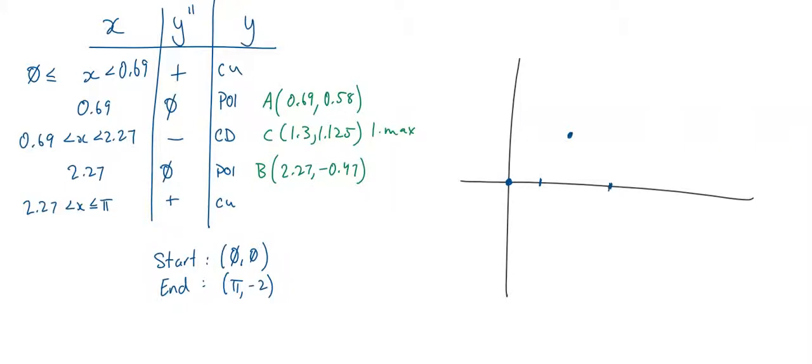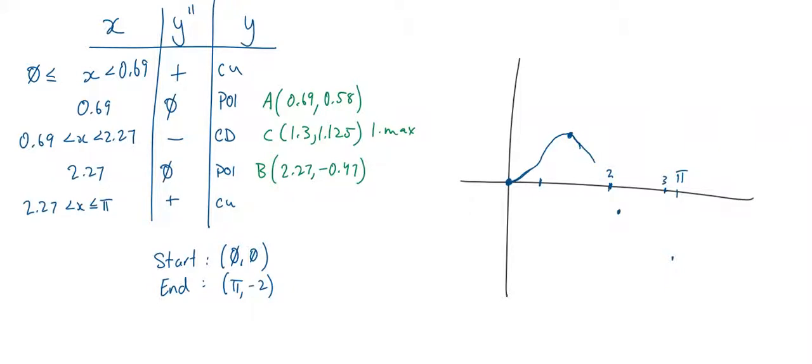At 2.1, I have another point of inflection, and then 3, that's 2, so 3 is going to be right around here, so pi is going to be right around here, and that's the end. So this comes around like this, inflects here, and it's concave up there, but it's changing. So it's either going down or it's turning back up, but we don't know.